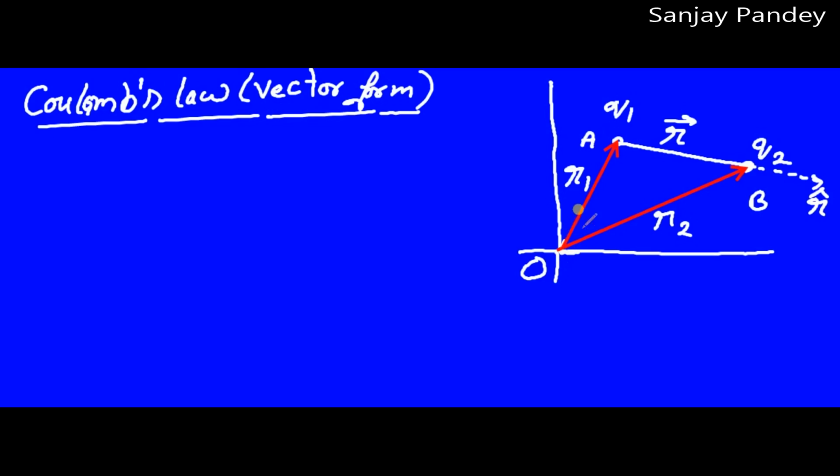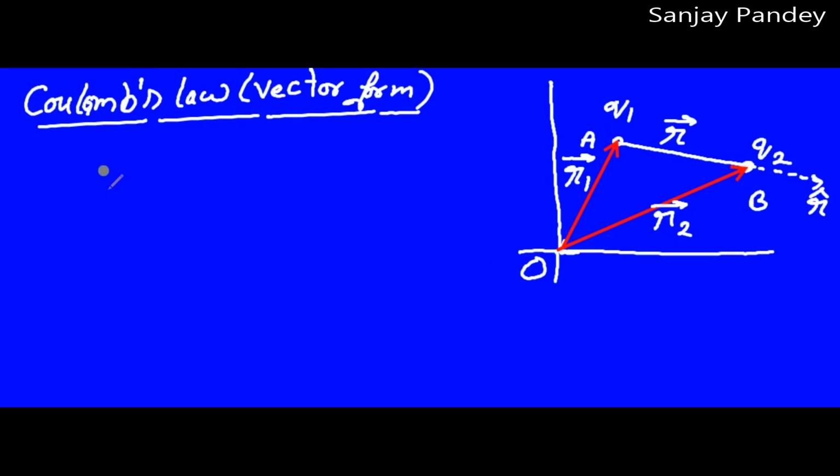Let the position vector of point A with respect to origin O be r1, and with respect to origin O, the position vector of point charge Q2 is r2.